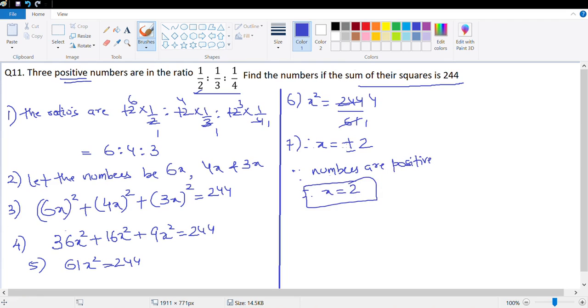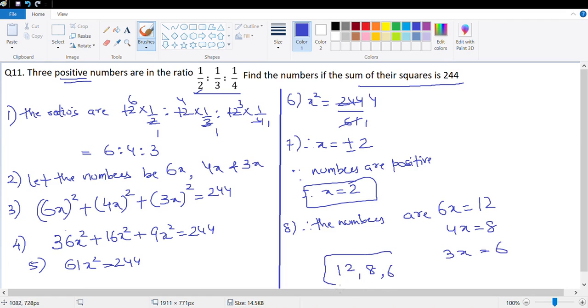Now find the numbers. So therefore the numbers are 6x, which is 12, 4x, which is 8, and 3x, which is equal to 6. So the three numbers are 12, 8, and 6.